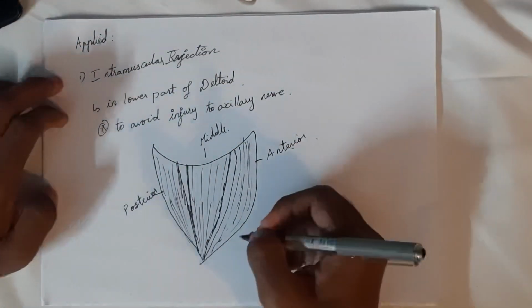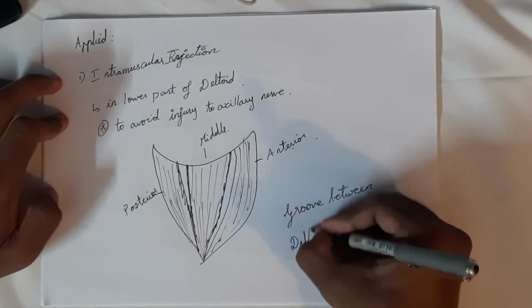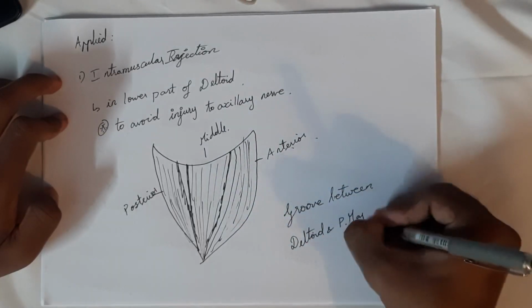The groove between the deltoid and the pectoralis major muscle is known as the deltopectoral groove. It contains the cephalic vein.